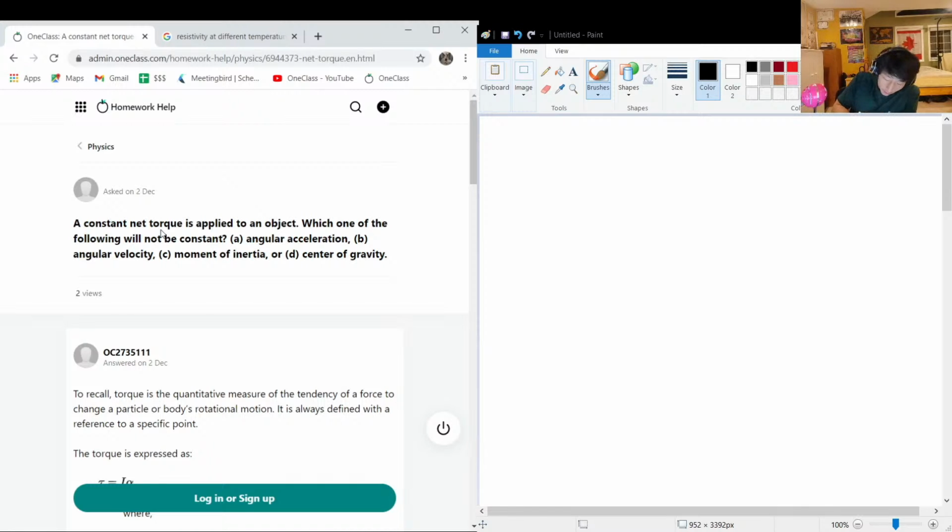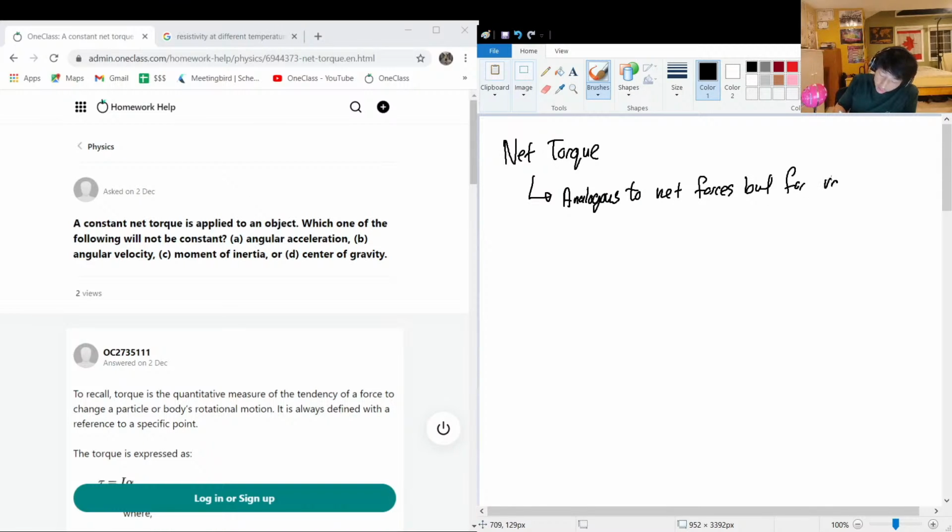So net torques are kind of similar, or analogous, to net forces, but for rotational movement instead of purely linear movement.